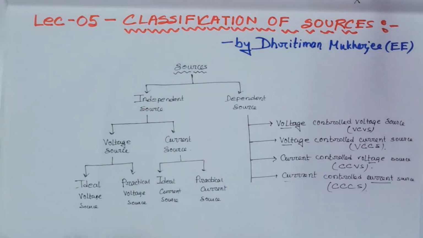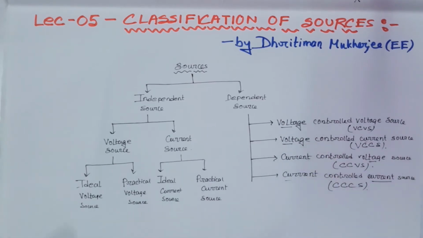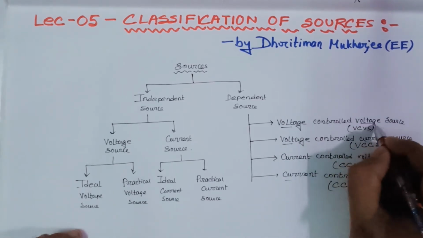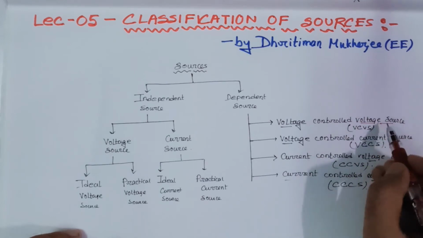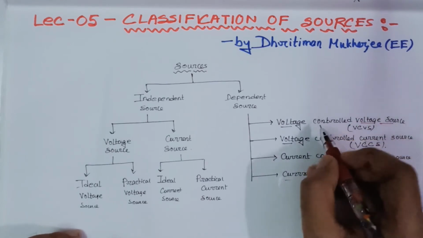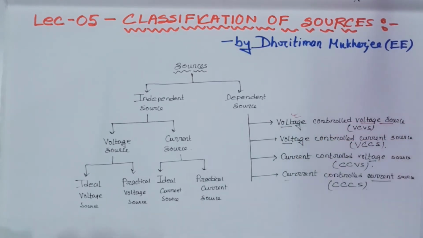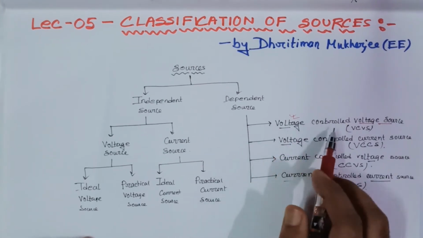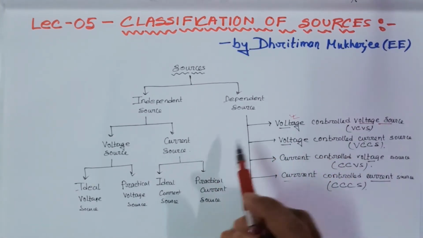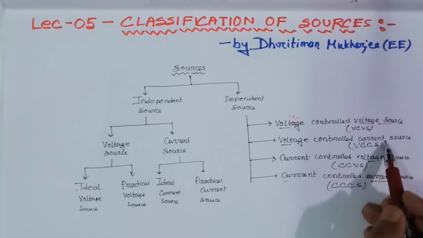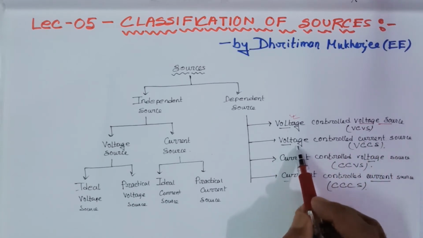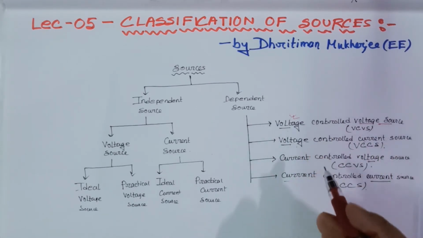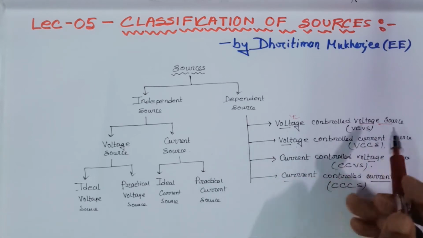Now see, what do you mean by dependent source actually? Just like I said here, the value of this voltage source is dependent on another voltage. That is why it is called voltage controlled voltage source. See here, this current value is dependent on some voltage value. So these all are dependent sources.